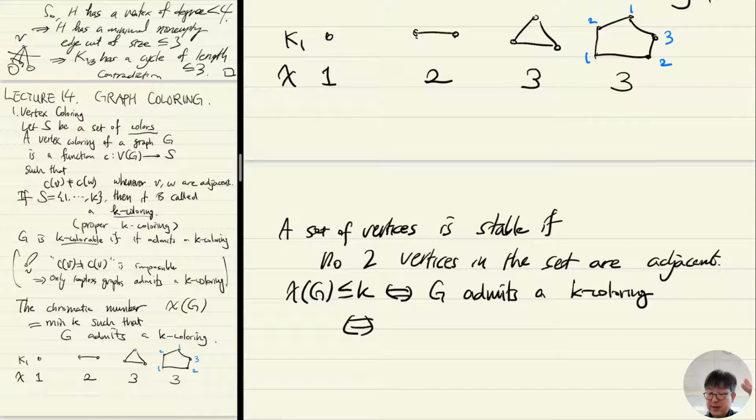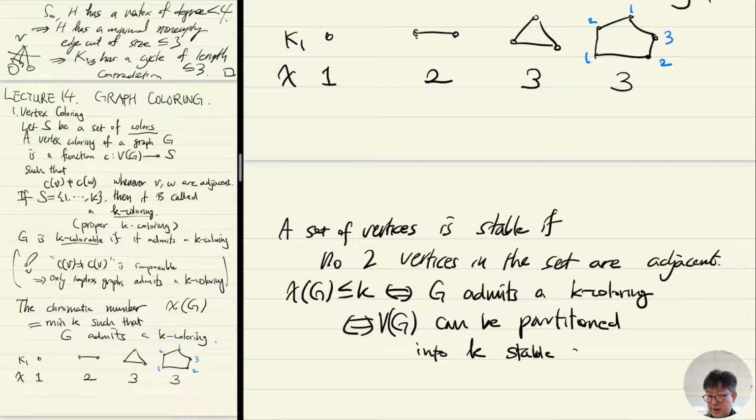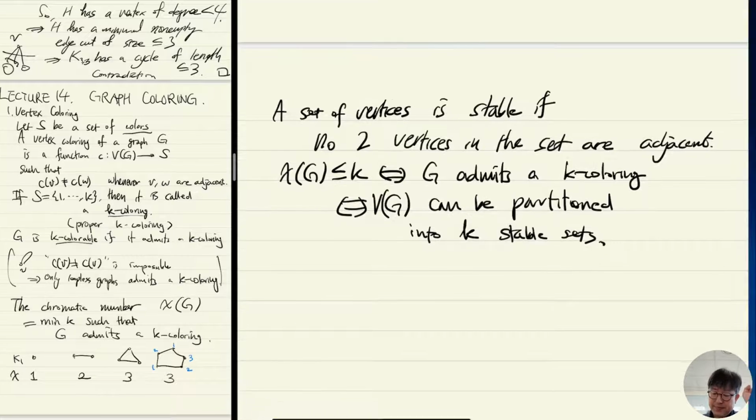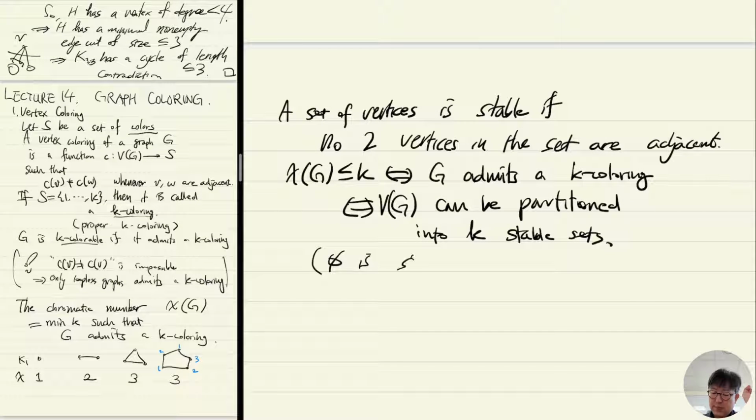That's the same as saying the vertex set of G can be partitioned into K stable sets. Note that the empty set is stable as well. So even if you have a graph which admits a coloring with two colors, you still have a partition into K stable sets, even if K is a lot bigger than 2.